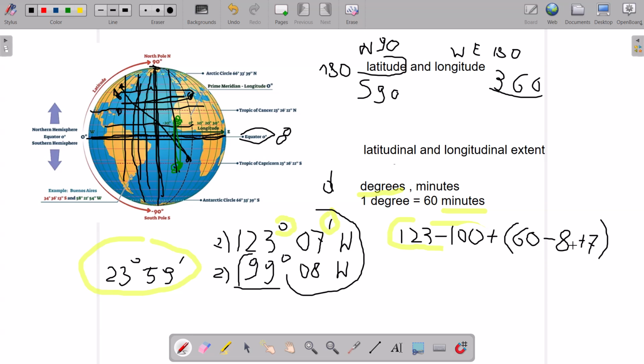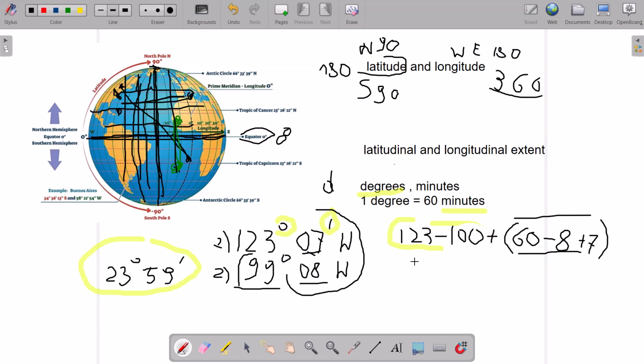Why 60 minus 8 plus 7? So 8 is the second value of minutes, 7 is the first value of minutes. You can see it here. And 60 is the total number of minutes, right? Because we borrowed 1. So yeah, we do this calculation like this.